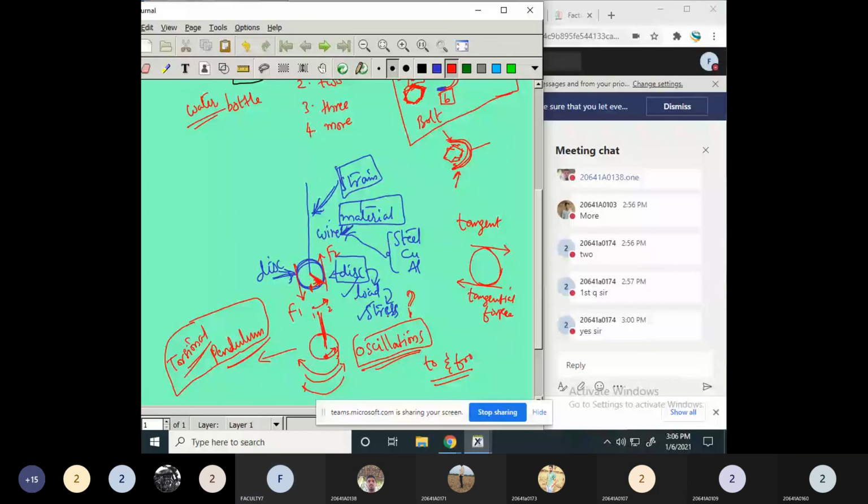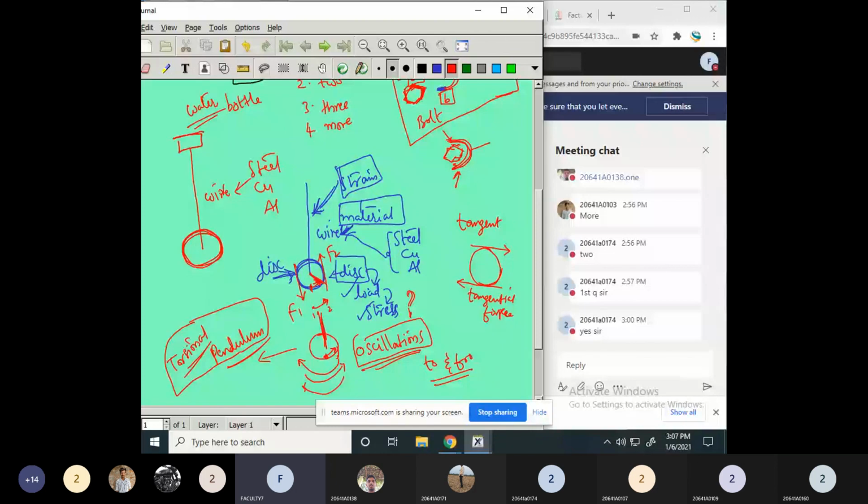So I am repeating the question here. We are considering a material here. Material is in the form of wire, either steel, copper or aluminium, whatever it may be. Now you are going to hang a mass at the second end, and the first end is going to be fixed at the wall with some hanger.